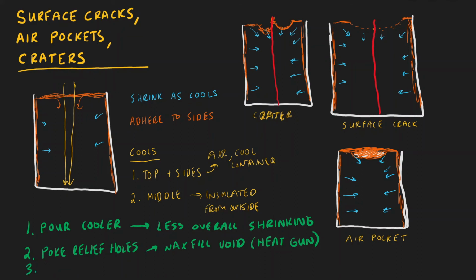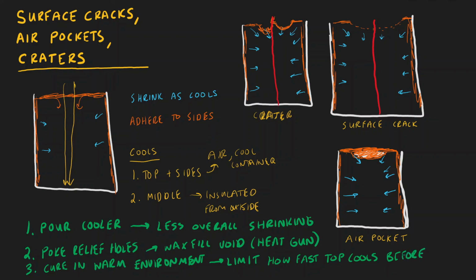And the third option we have is to cure in a warm environment. The reason we would do this is to limit how fast the top and the sides cool before the middle.